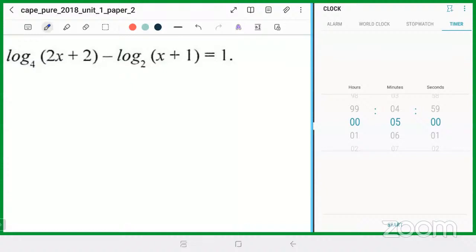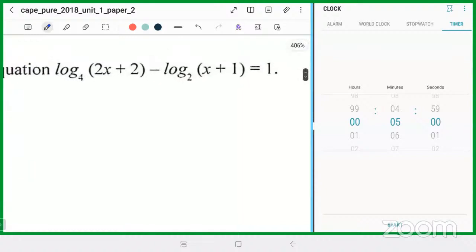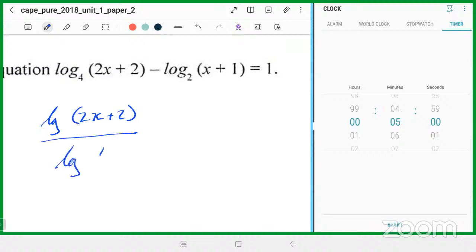All right, let's see. So we're going to bring everything to base 2. This one becomes the log of 2x plus 2 over the log of 4, which is the log of this over the log of the base to the new base of 2, minus log to base 2 of x plus 1 equals 1.